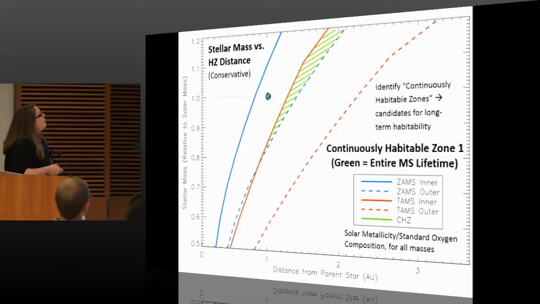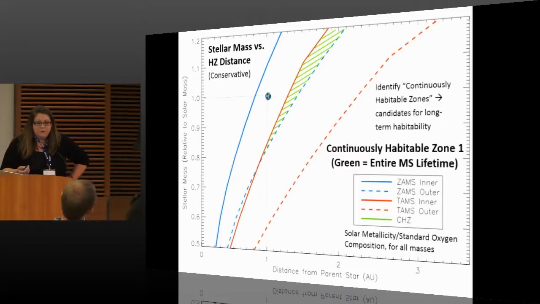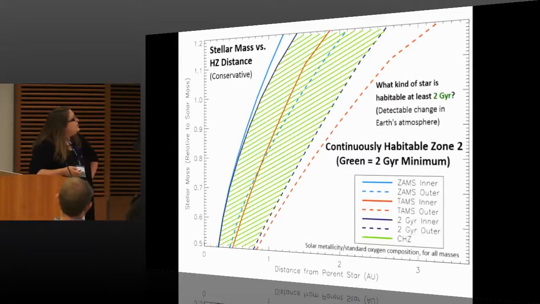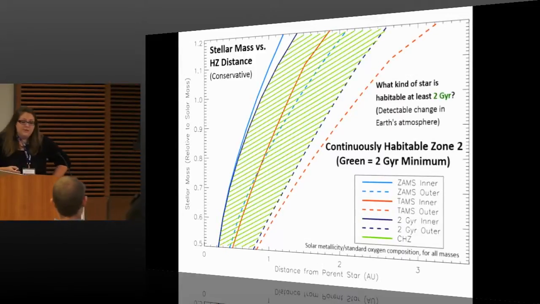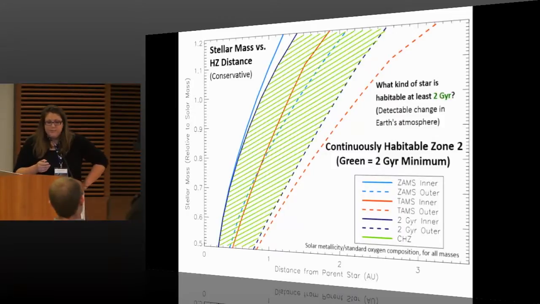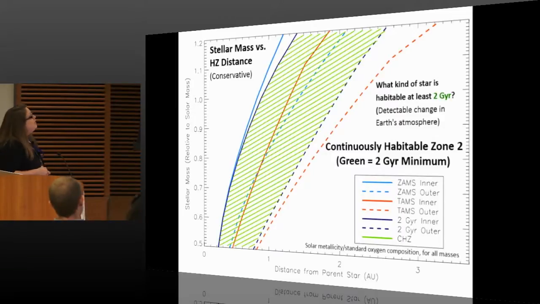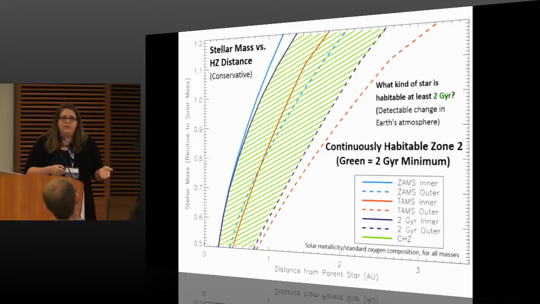However, if we plot Earth on this plot, it doesn't quite fall into that region, so we figured that that's not really a robust enough method of trying to understand habitability. So instead, we consider a continuously habitable zone with a 2 billion year minimum. So now the shaded green represents distances where a planet would remain habitable for at least 2 billion years.